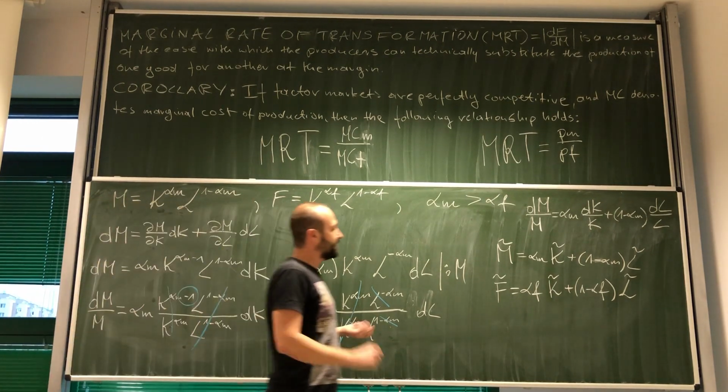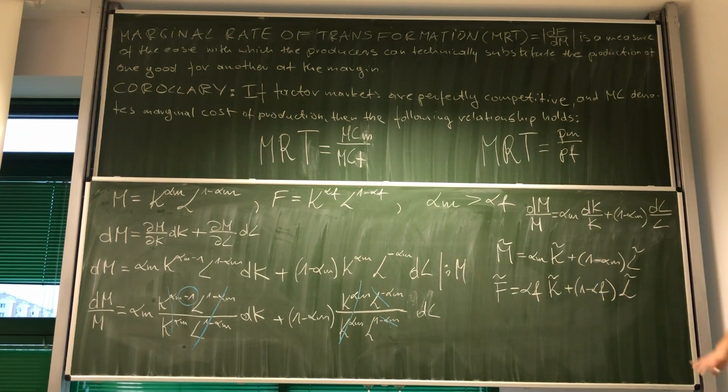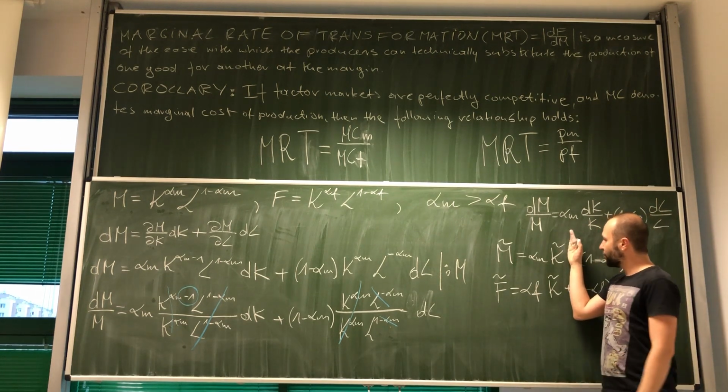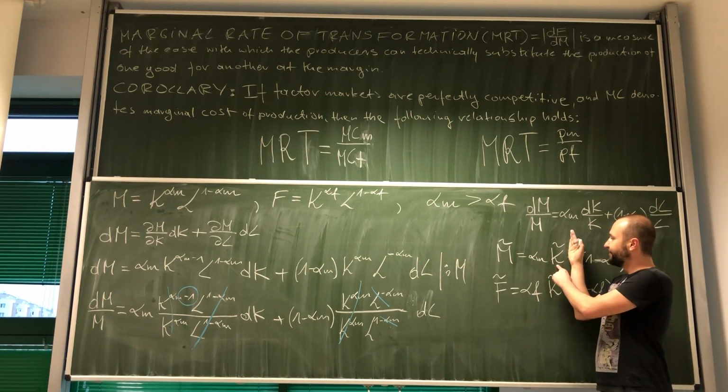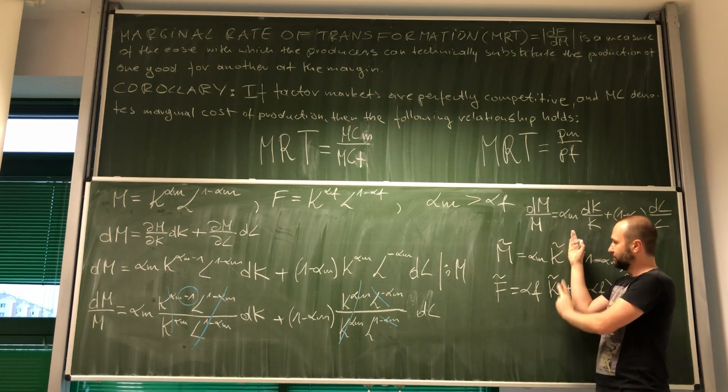Let's imagine that the only thing that is changing is capital, while labor stays at the same level. And look what will happen in this economy. If the amount of capital is changing, of course those two are exactly the same, right?